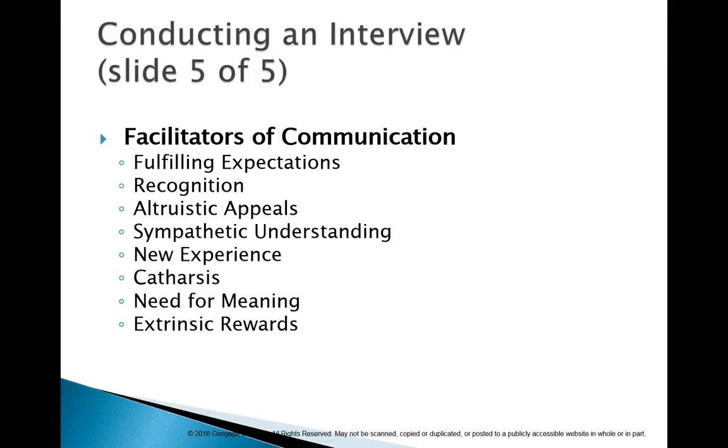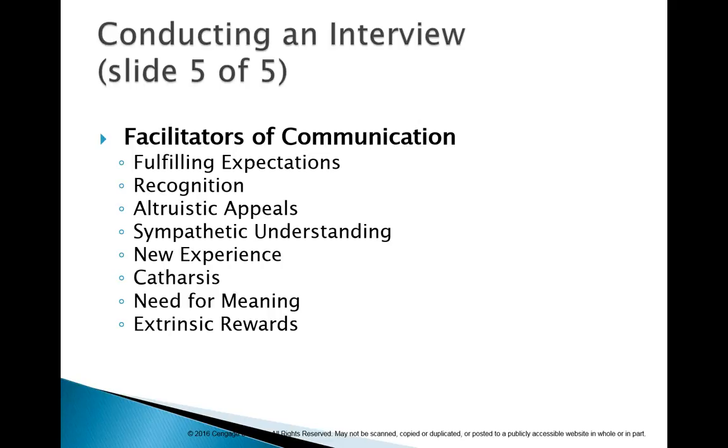And then the need for meaning. That's more like a church type thing where you're talking to your priest, and asking why did this bad thing happen to me? And then the priest will say, you're going to grow from it, you're going to learn from this. So sometimes people want to give you information because they want it to make sense somehow in the broader scheme of things. Like I said, this isn't so much a fraud investigation, but it could be.